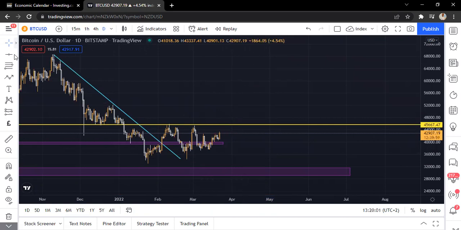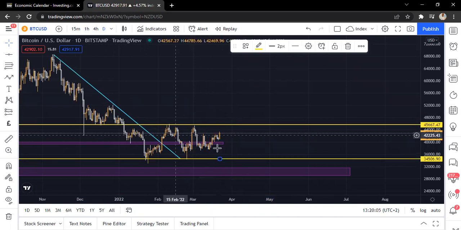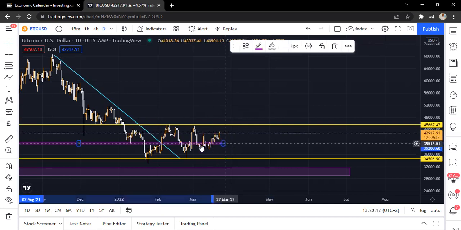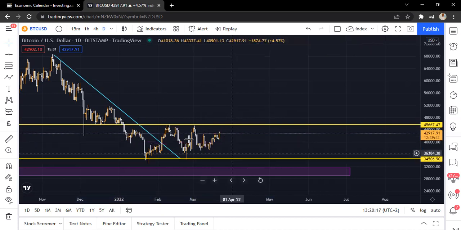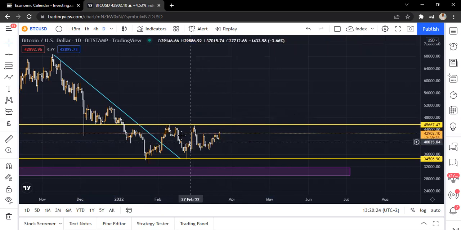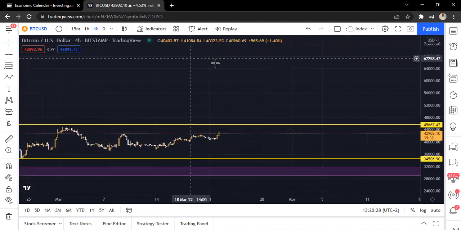Let me just mark these areas over here. This is the market ranging, and then what I'm thinking is probably the market is going to start going down from here to reach this area over here, to reach this low. But I'm not quite confident with selling. But let's see. Selling Bitcoin.